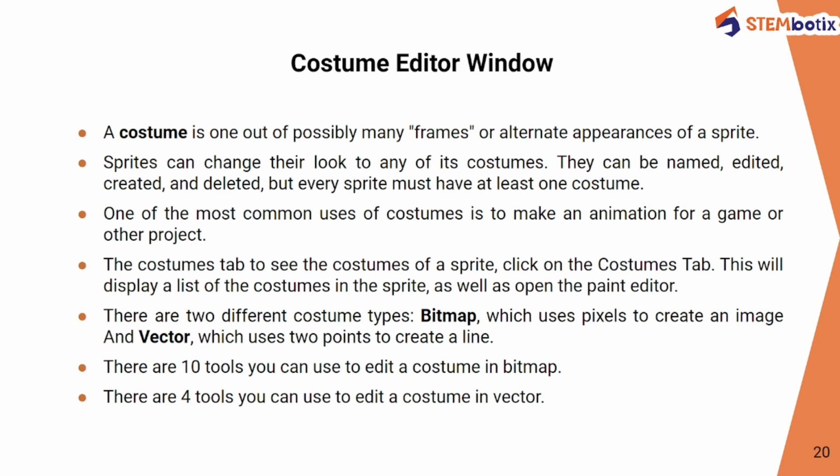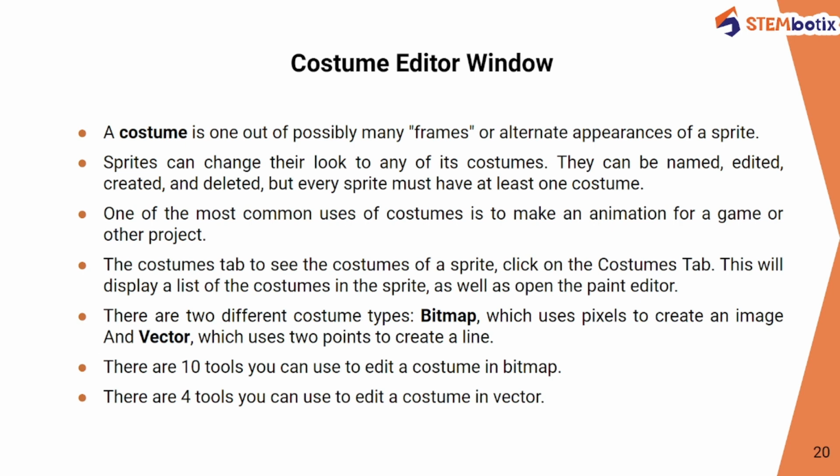So there is a costume tab which is used to see the available costumes of a selected sprite. This will display a list of costumes in the Sprite as well as open the paint editor. Using this costume tab you can see the different costumes available and also start your painting in this tab.